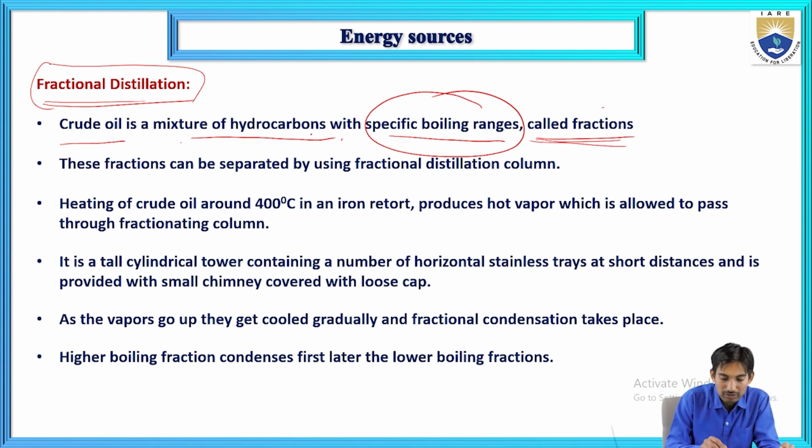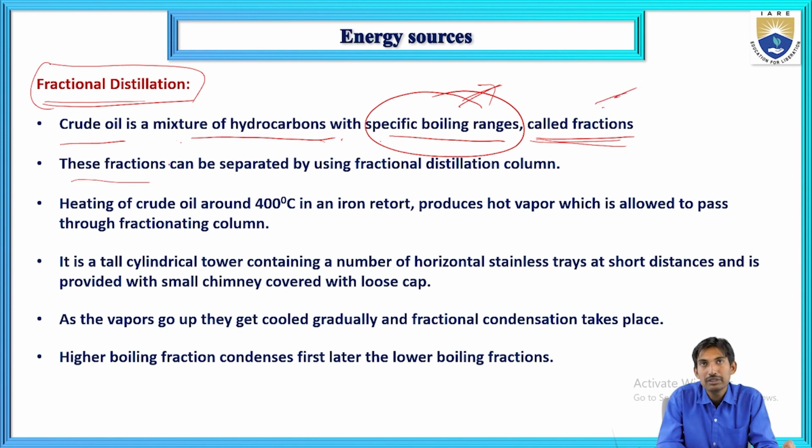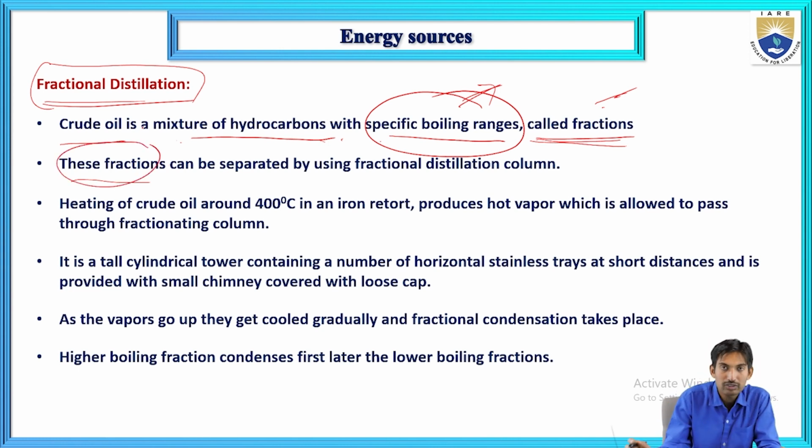Crude oil is a mixture of hydrocarbons with specific boiling ranges, and the hydrocarbons which have specific boiling ranges are called fractions. These fractions, with different boiling ranges, can be separated by using a fractional distillation column.